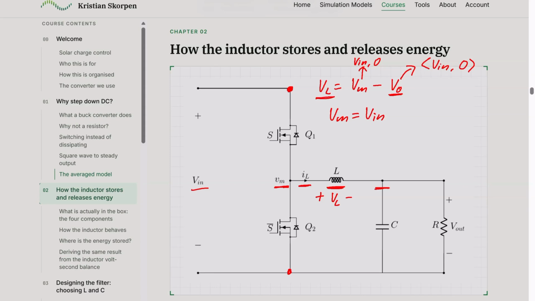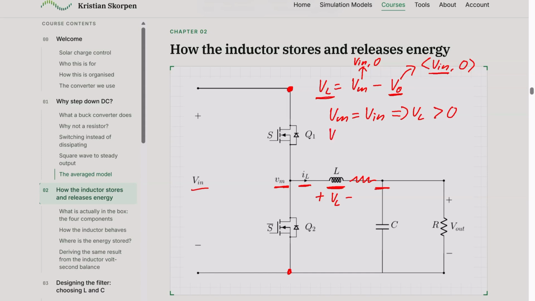So it can't be entirely Vin, but close to Vin, or ideally, it could actually be equal to Vin. The reason why the output voltage cannot be equal to the input voltage is because we have some losses here. We, for example, have a little resistor here, which drops the voltage. So this makes the inductor voltage be above zero.